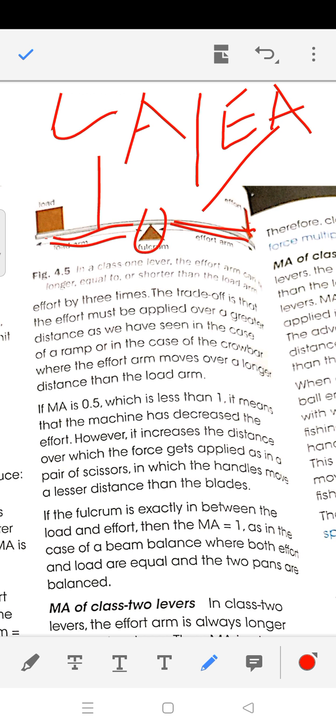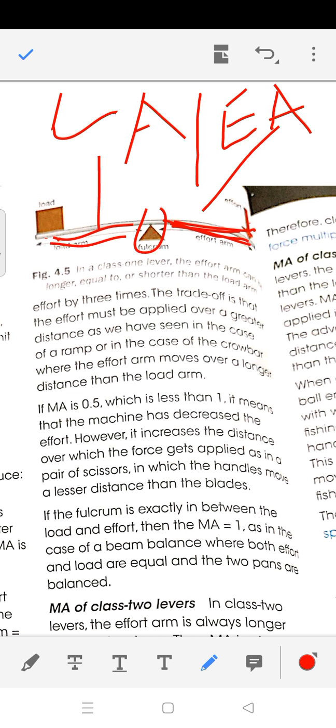So the mechanical advantage of class 1 lever can be either 1, greater than 1, or even less than 1, depending whether the effort arm is equal to load arm, more than load arm or less than load arm.